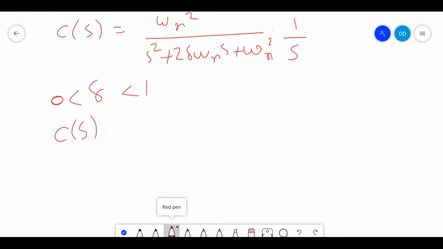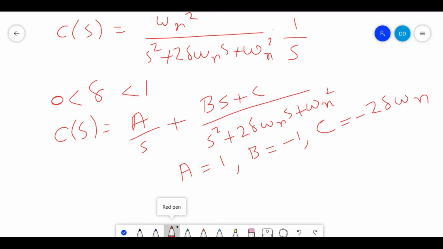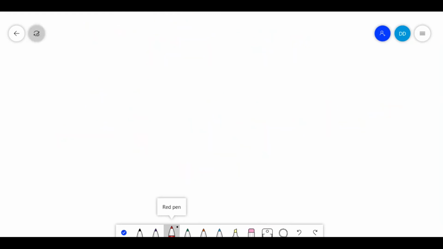we get, so this we can write it as C of s is equal to a by s plus bs plus c divided by s square plus 2 delta omega n into s plus omega n square. On simplifying, we get a is equal to 1, b is equal to minus 1 and c is equal to minus 2 delta omega n. So we'll substitute and we get what is C of s.